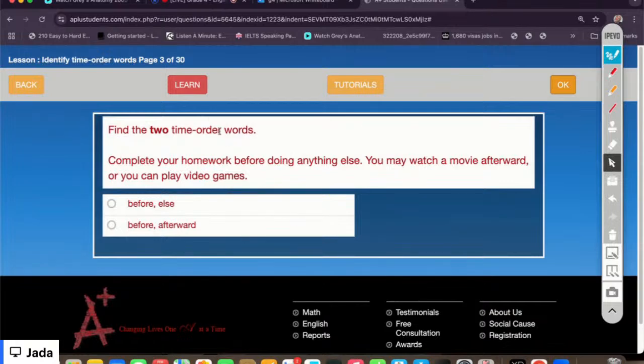So, find two time order words. Complete your homework before doing anything else. You may watch a movie afterward or you can play video games. So, which are the two time order words here?